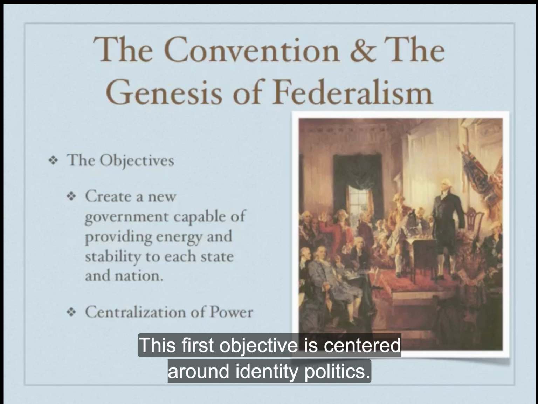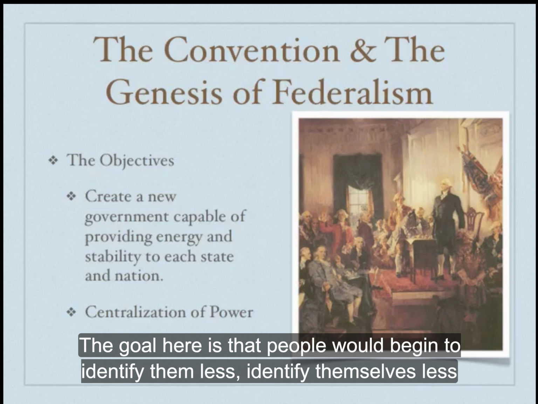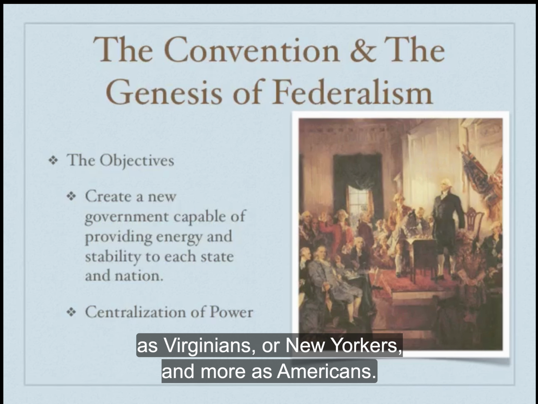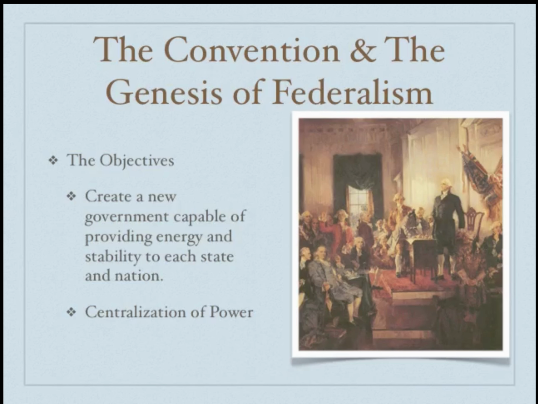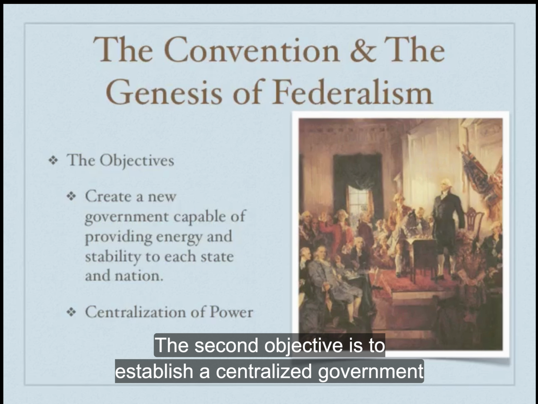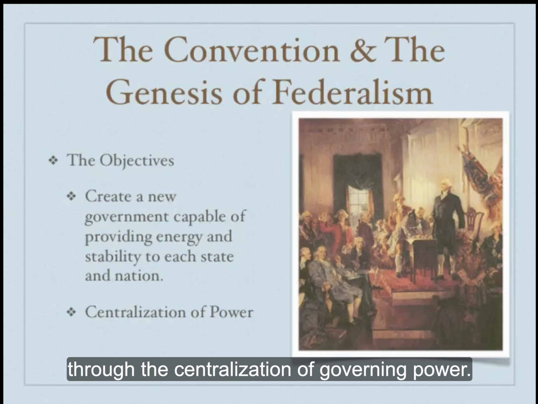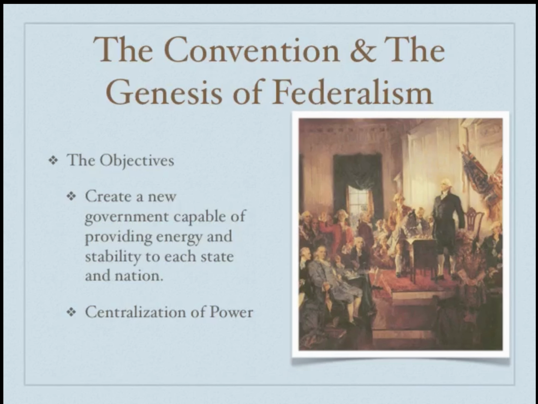This first objective is centered around identity politics. The goal here is that people would begin to identify themselves less as Virginians or New Yorkers and more as Americans. The second objective is to establish a centralized government through the centralization of governing power.